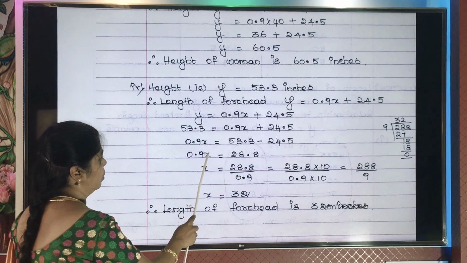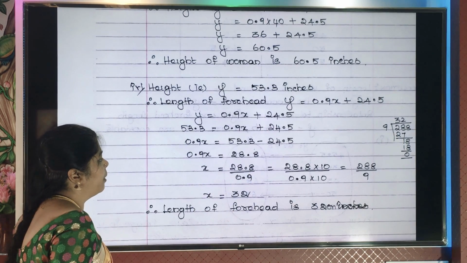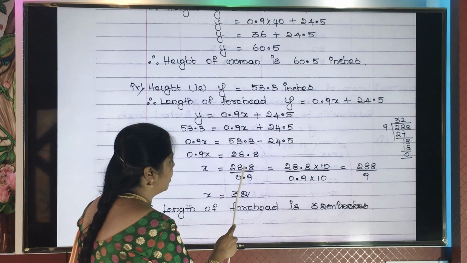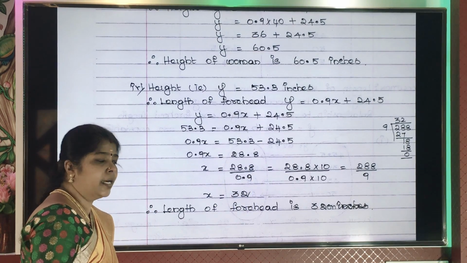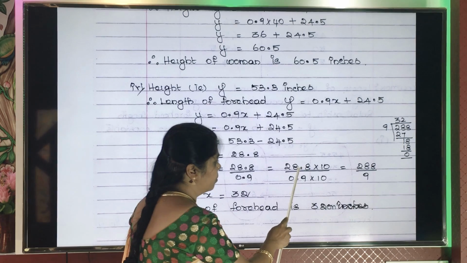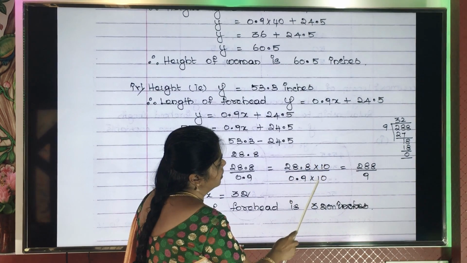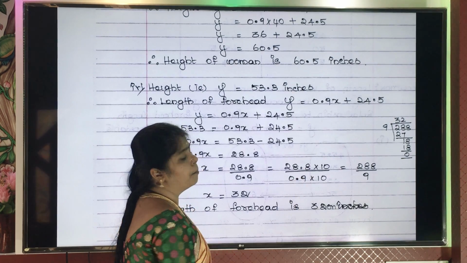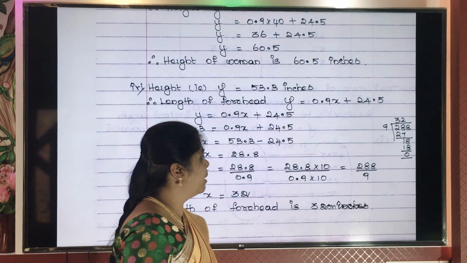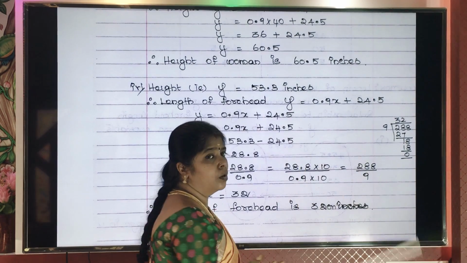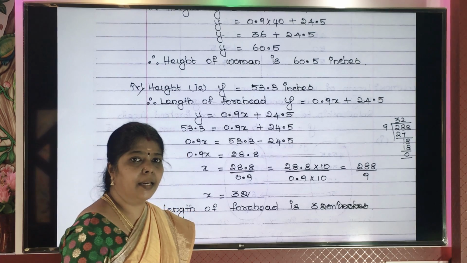So, keep x alone. Bring this 0.9 to the other side. It goes to the denominator. Now, we have one decimal place in both numerator and denominator. To simplify, I am multiplying both numerator and denominator by 10 because there is one decimal point, so that the decimal will go and we will get the whole number 288 by 9.